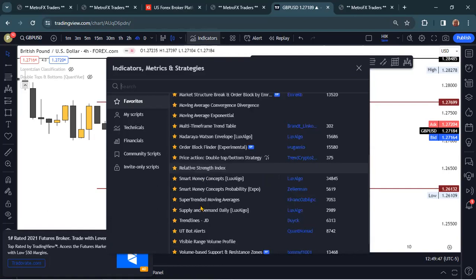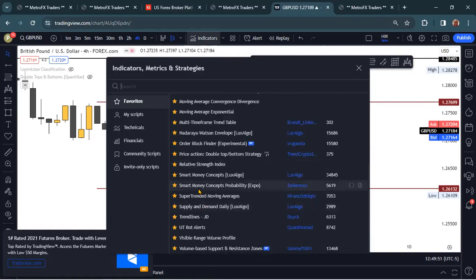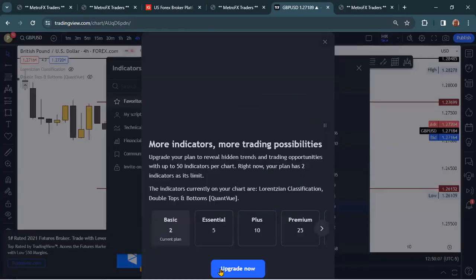You want to put this Supply and Demand Daily by LuxAlgo. You do a search, type it in, and you'll get this Supply and Demand Daily Levels. So you're going to add that to your chart.